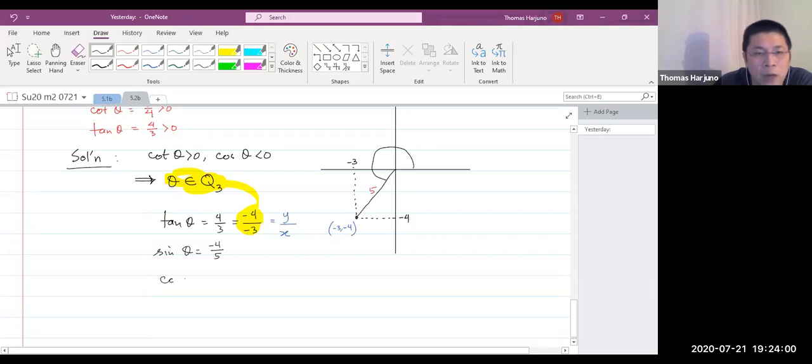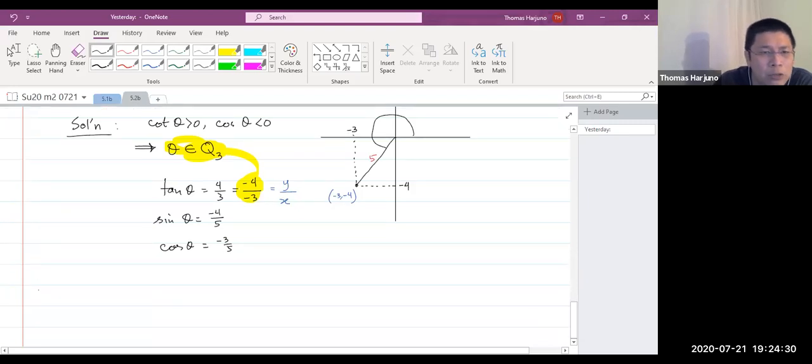Cosine theta will be x/r. Tangent theta and cotangent theta we already have, secant is the reciprocal of cosine, cosecant is the reciprocal of sine. But the key is really in dissecting it, where you separate the x and the y.